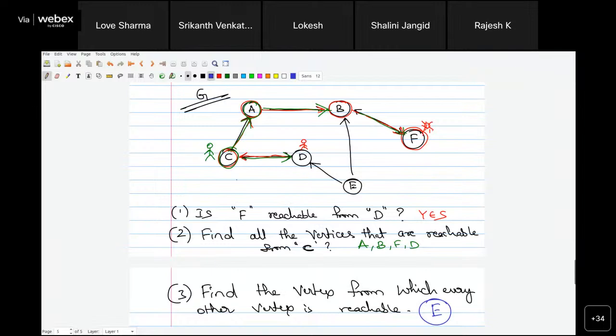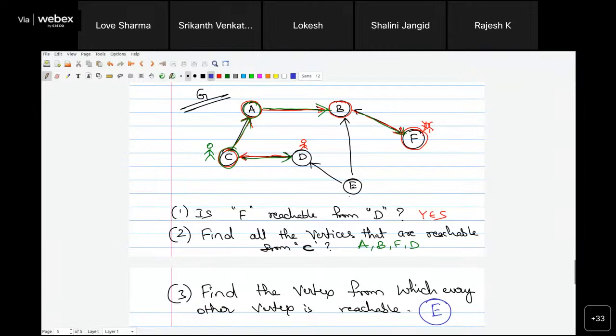So if I start from C, we have seen already, I can only reach A, B, F, D, but I cannot reach E. From A, you can only reach B and F. From B, you can only reach F. From F, you can only reach B. From D, you can reach C, A, B, F. Again, E is missing.